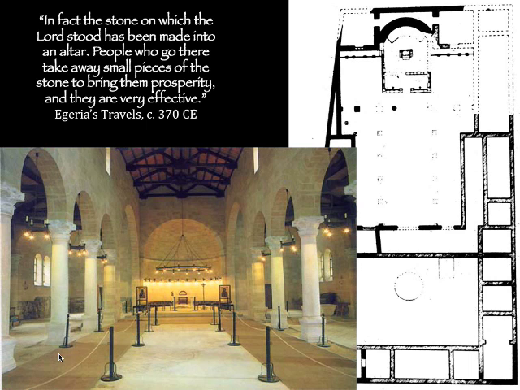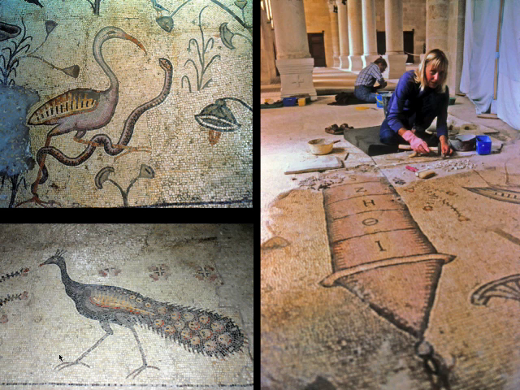There were some older mosaics in the 4th century chapel that were then preserved in the larger church in the 5th century, and these mosaics evoke the same set of themes as were in the octagonal church at Capernaum.